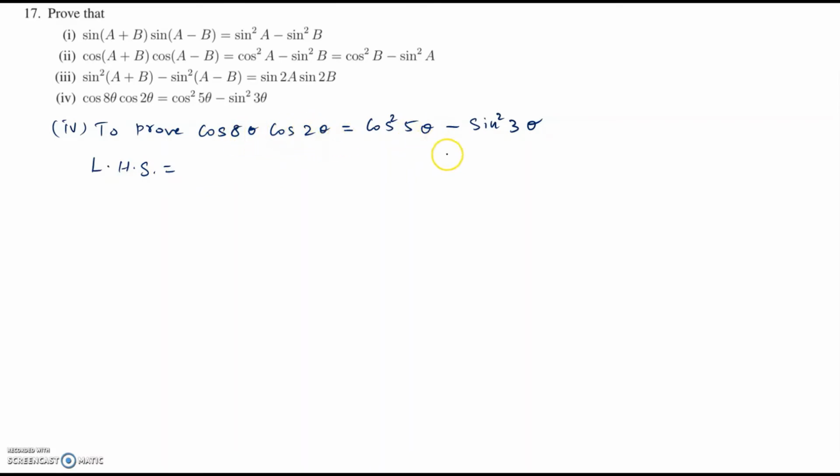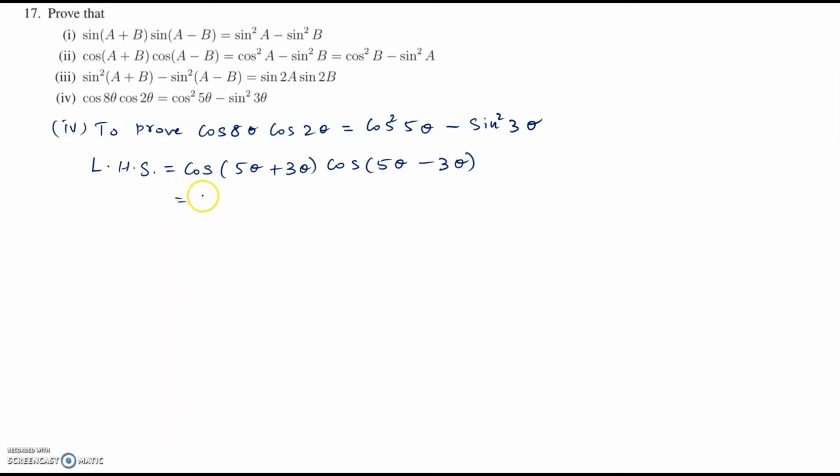On the right hand side we have 5 and 3. So 8 can be broken into 5 plus 3 and 2 can be 5 minus 3. So that's equal to cos of 5 theta plus 3 theta into cos of 5 theta minus 3 theta.